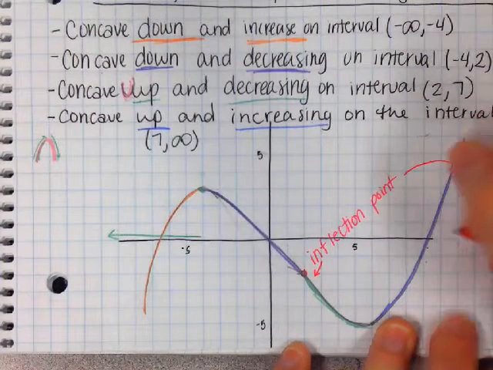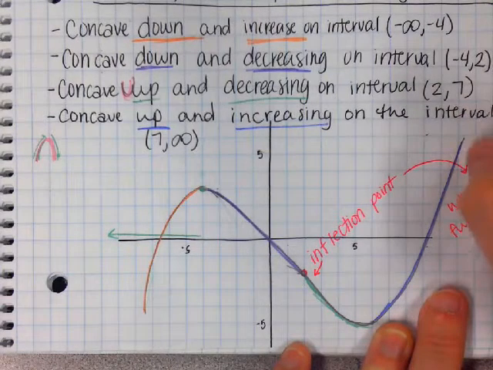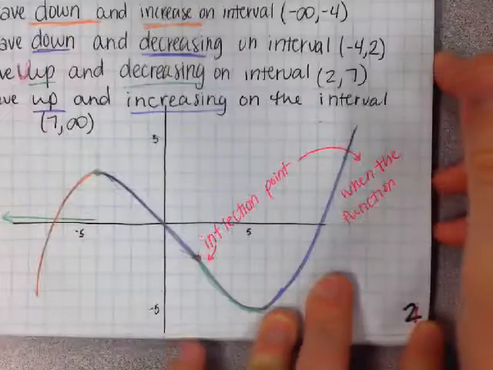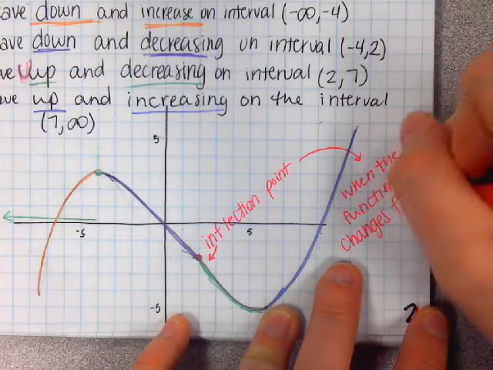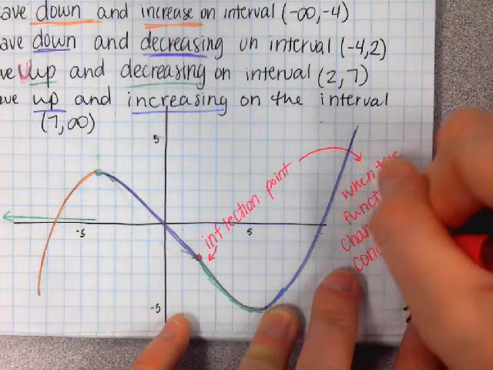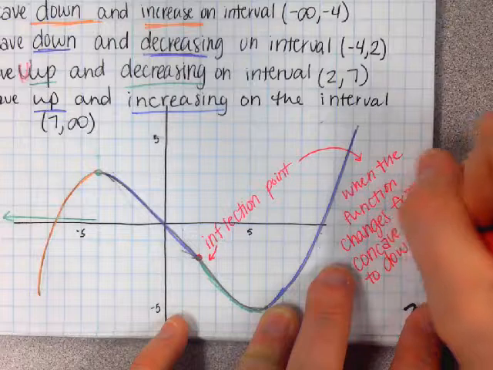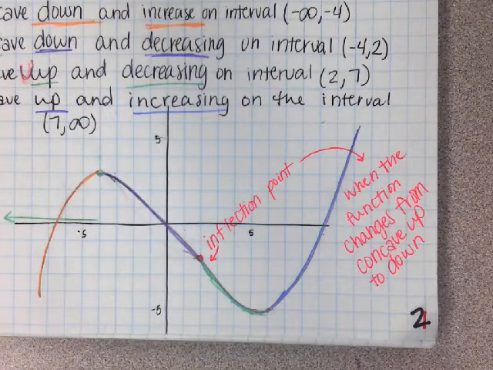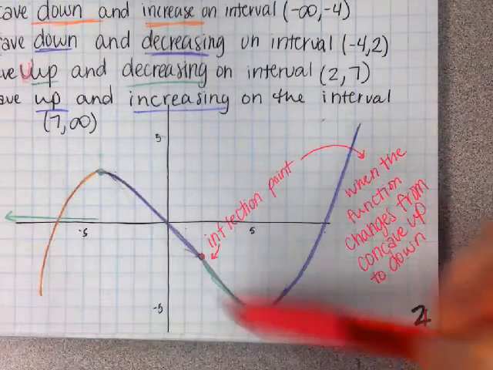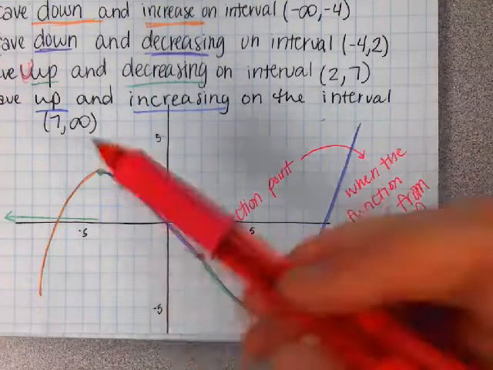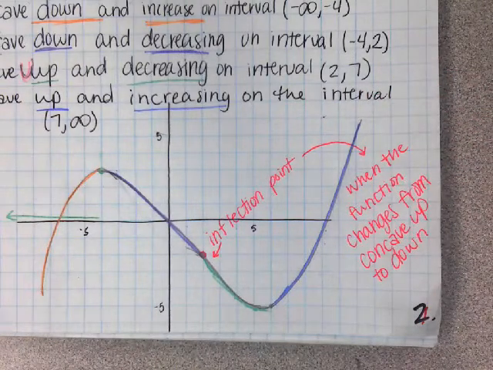An inflection point is when the function changes from concave up to down or vice versa. So you should have that in your notes, but I just wanted to go ahead and write it. So the inflection point is where it changes. So it's no longer concave down, it's now concave up.